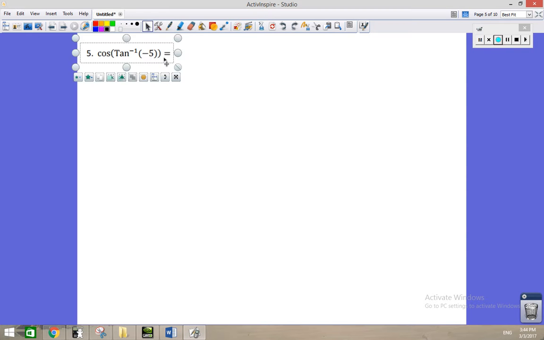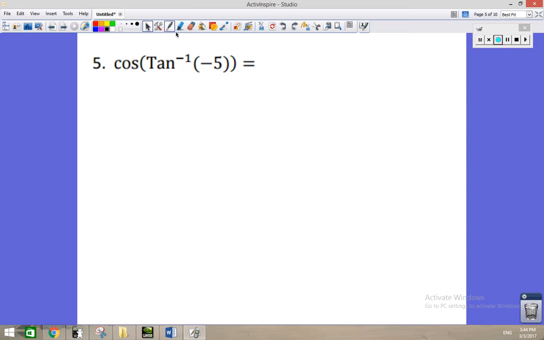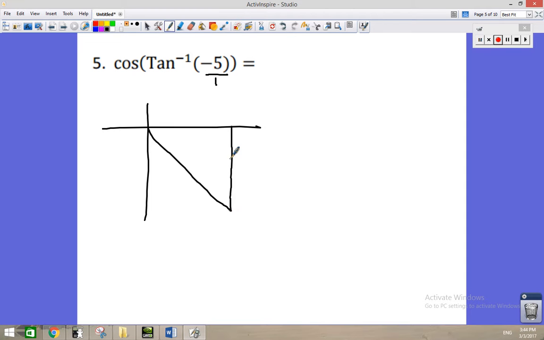This time the tangent's negative, and I'm going to think of negative 5 as negative 5 divided by positive 1. I'm down here in quadrant 4. With this down is negative, so the opposite leg is negative 5. The adjacent leg, adjacent to this angle theta, is positive 1.